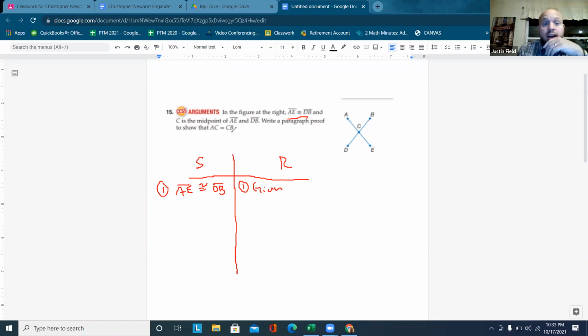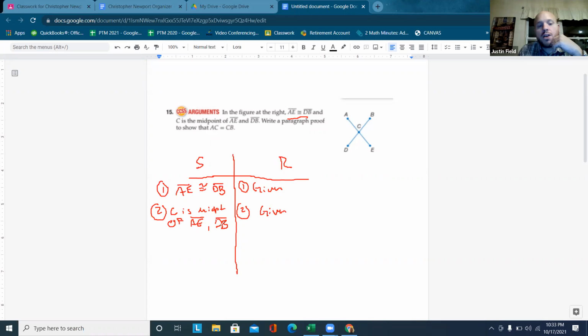Okay. And C is the midpoint. Oh, wow. A lot of givens. C is the midpoint of AE and DB. Is that right? So that's also given. So, show that AC equals CB.